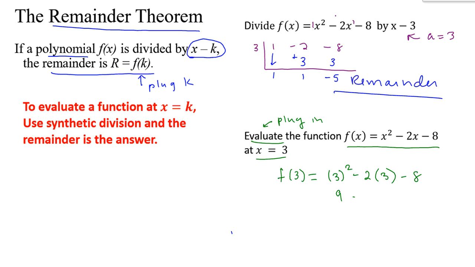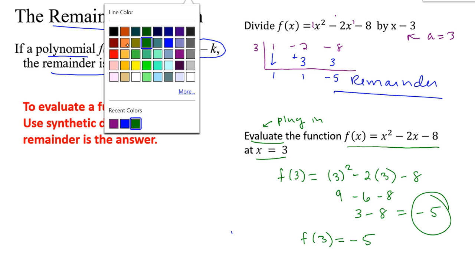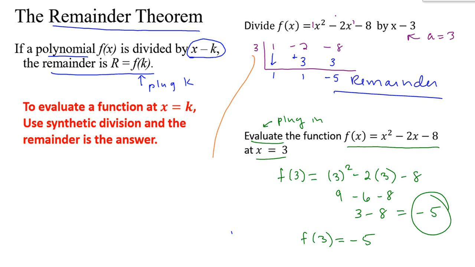We've got 9 minus 6 minus 8. That's 3 minus 8 equals negative 5. So notice that f of 3 was negative 5. That 3 was the same thing as this guy, and my remainder was my answer.